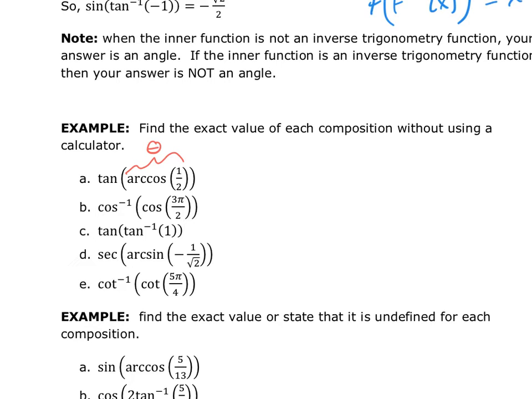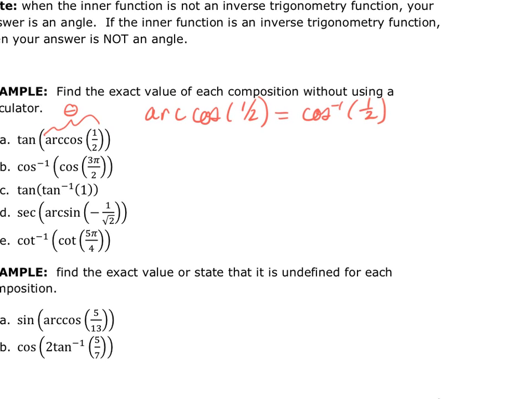We're just going to call it theta. So what I know is the arc cosine of 1/2. I can write this as the cosine inverse of 1/2. These mean the same thing. And what I'm doing is I am finding the angle that produced that answer.